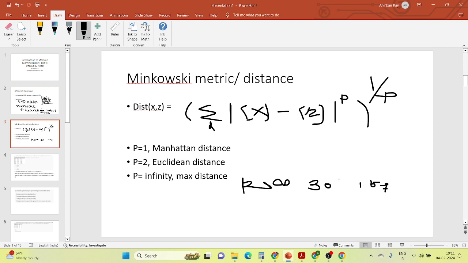If these are raised to the power infinity, only the 30 will be so big that the others are almost negligible. So the others can be ignored, and the distance becomes according to the maximum difference. So this is called the max distance.